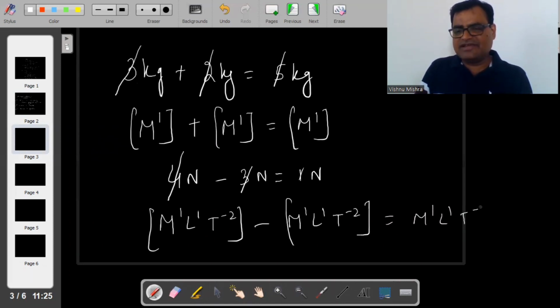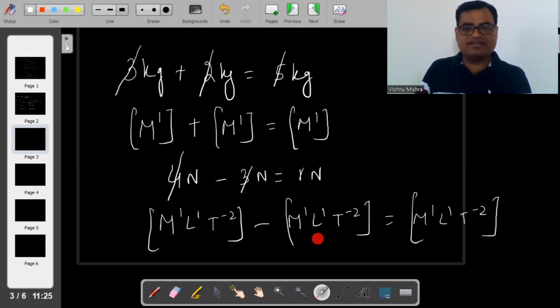M^1 L^1 T^-2. Very interesting thing. You see, M^1 L^1 T^-2 minus M^1 L^1 T^-2 is always M^1 L^1 T^-2. You cannot cancel like this. You cannot write 0. Do you follow this or not? So the same dimension can be added or subtracted, and the result is also the same dimension. Clear? You cannot cancel this and you cannot write 0.